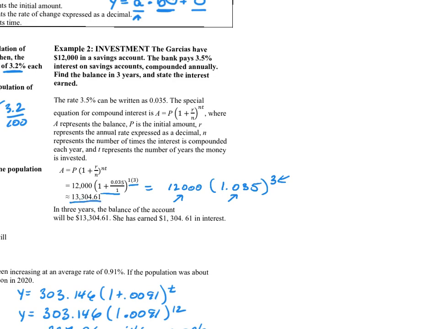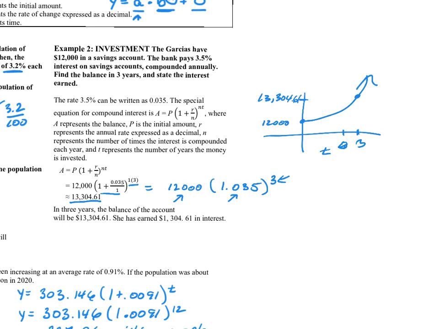$13,304.61. Okay, so we started here at 12 grand. Our growth rate after 3 years took us to our 13,304.61.